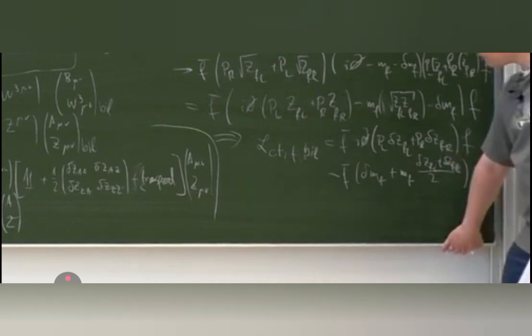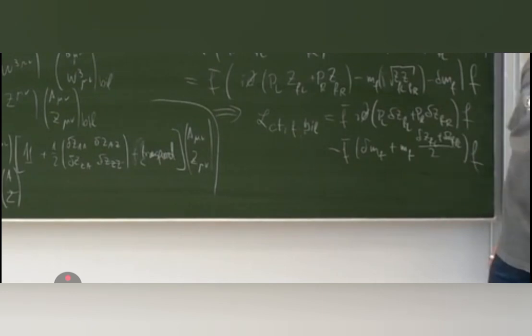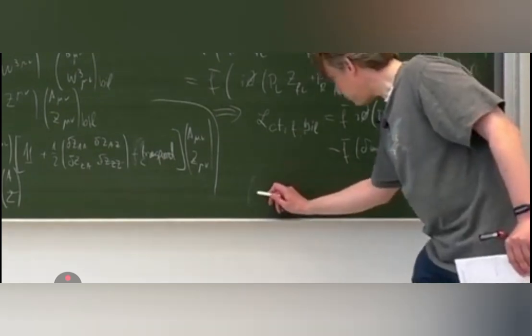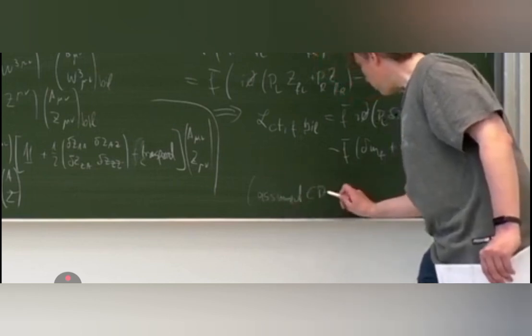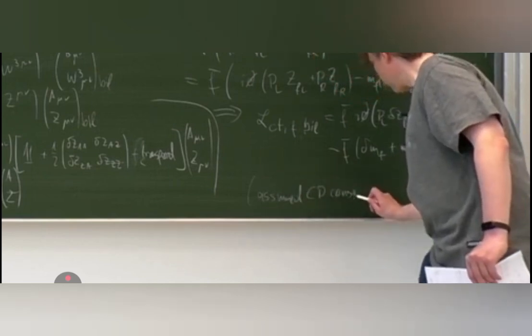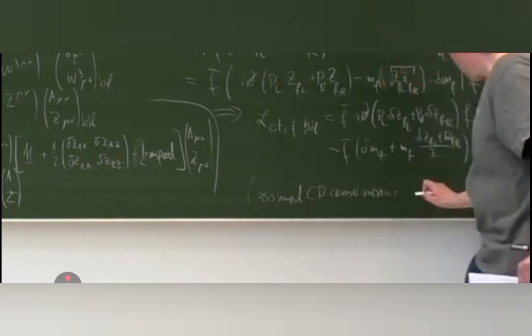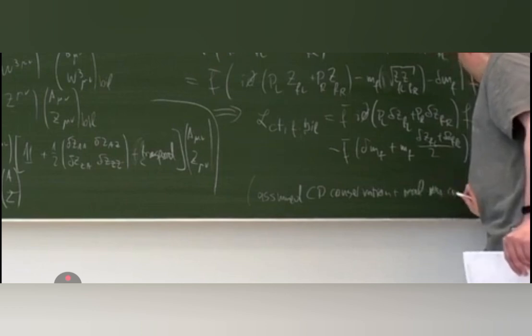That is the counter term Lagrangian, evaluated precisely to first order in the deltas. And let me make a footnote here. We have assumed CP conservation and real renormalization constants.